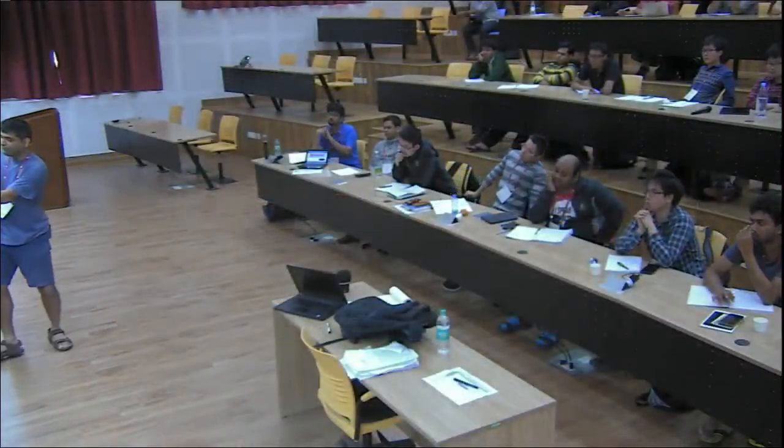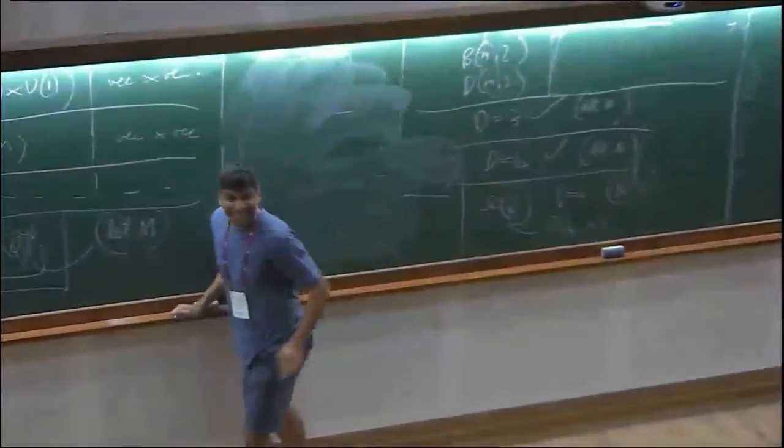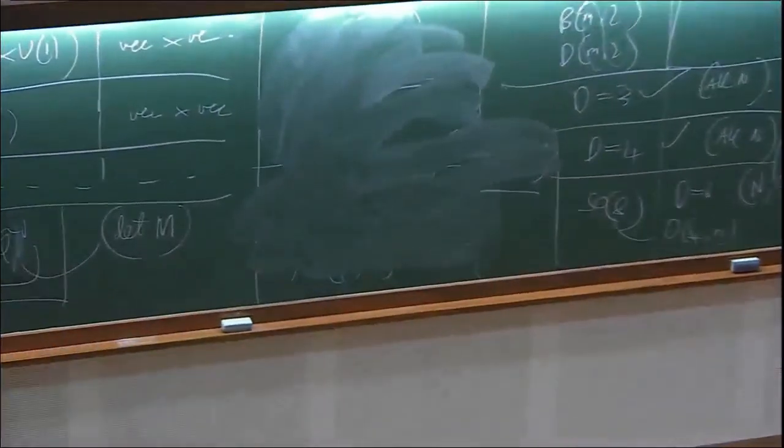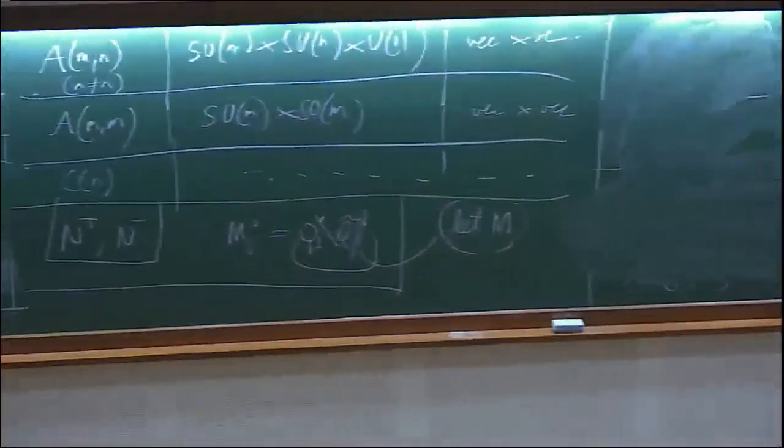So we need some function of this object that has charge +2 under this non-anomalous R symmetry.